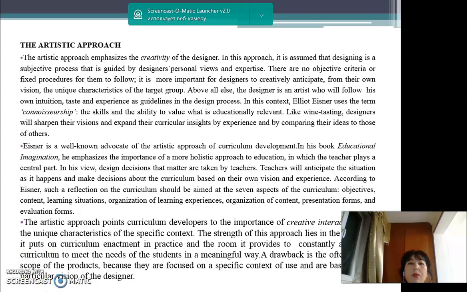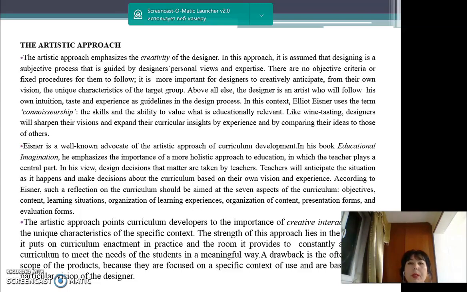Eisner is a well-known advocate of the artistic approach of curriculum development. In his book, The Educational Imagination, he emphasizes the importance of a more holistic approach to education, in which the teacher plays a central part. In his view, design decisions that matter are taken by teachers.